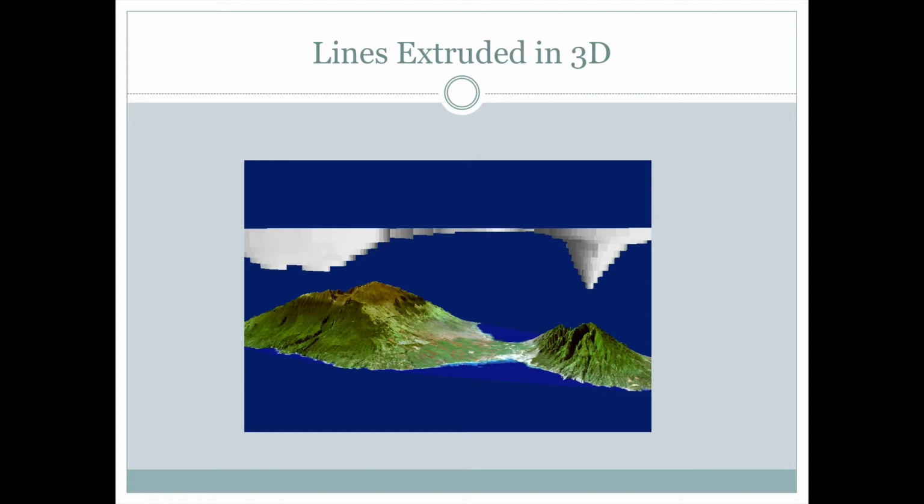Here's another example of extruding lines into 3D. This is the island of Maui in Hawaii, and what looks like clouds here is actually contour lines of how the rainfall varies across the island. And it does vary a lot because of the direction the wind is blowing from. That is the rainier side, and after it crosses the top of the island, it doesn't have so much moisture in it, and it doesn't rain so much on the other side.